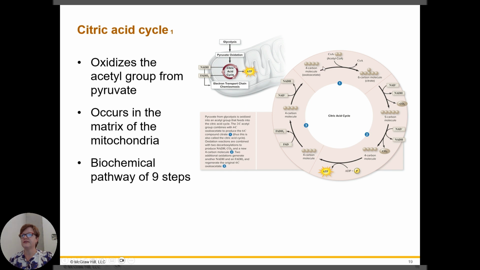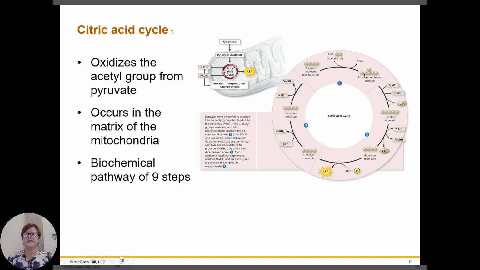And when those two things are joined together, it makes a 6-carbon molecule. That particular 6-carbon molecule is called citrate or citric acid, which is how this cycle gets its name, the citric acid cycle. This cycle is also named the Krebs cycle after Dr. Krebs, who discovered it. So citric acid cycle or Krebs cycle means the same thing.